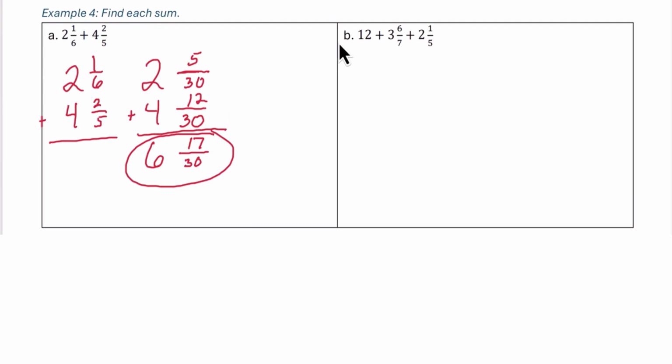In example B, we have three numbers: 12, 3 6/7, 2 1/5. Let's add these. In order to add them though, we need a common denominator, which right now we do not have.